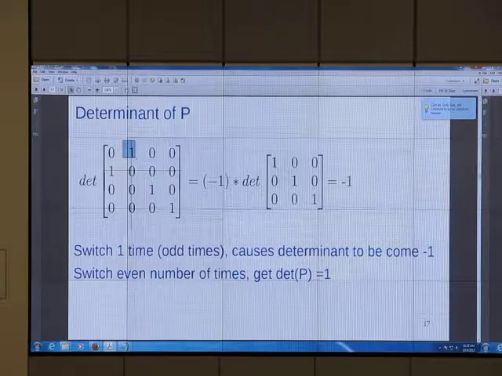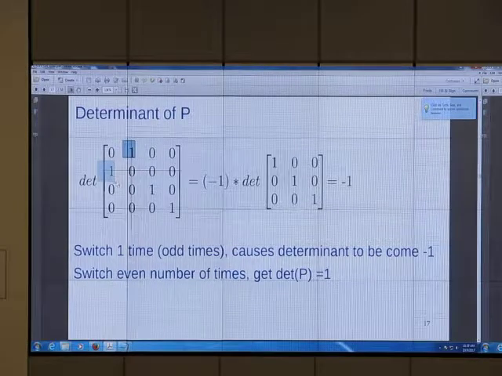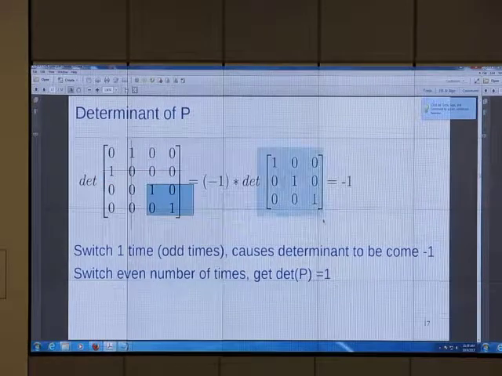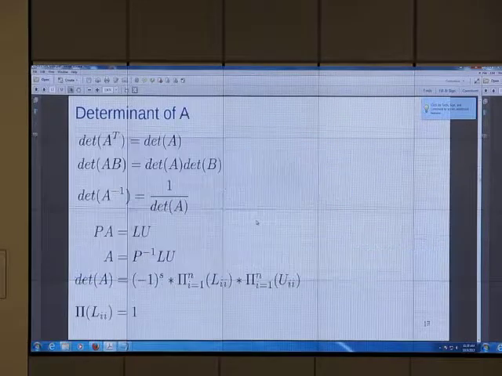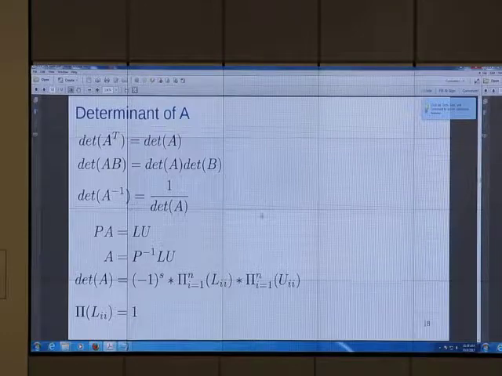And it is multiplied by minus 1 raised to the power of 3. The determinant will be 1 and those two. Get it? Then we get minus 1. Why do we care about the determinant of switching? Because sometimes we switch two rows.